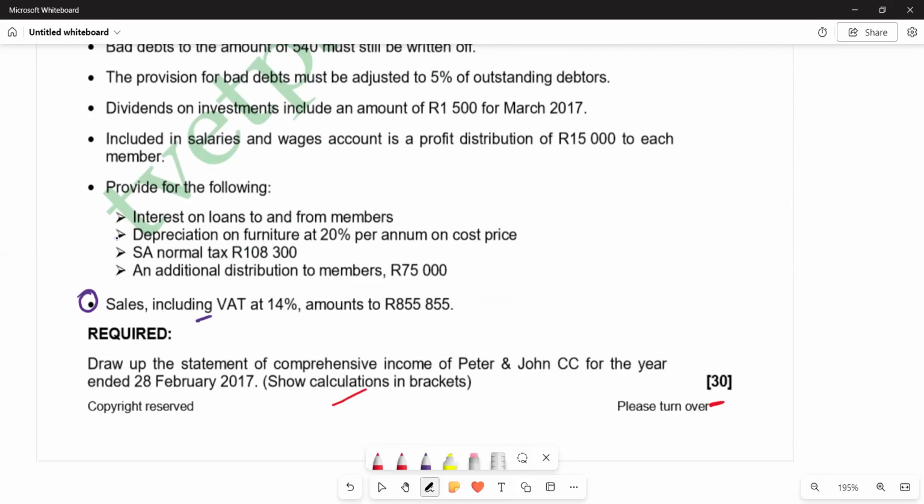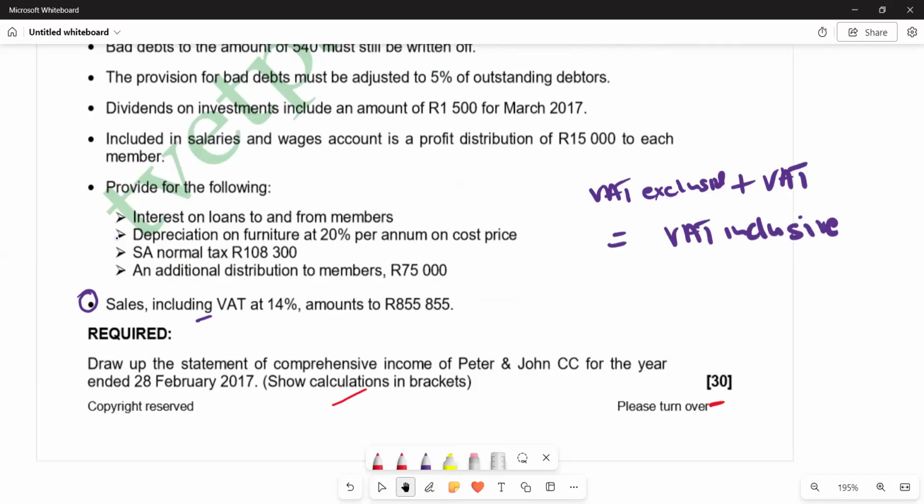Remember, if you take your VAT exclusive and then add your VAT, you get your VAT inclusive.